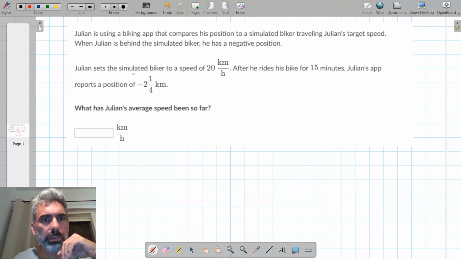Julian sets the simulated biker to a speed of 20 kilometers per hour. After he rides his bike for 15 minutes, Julian's app reports a position of negative 2 1/4 of a kilometer. What has Julian's average speed been so far?